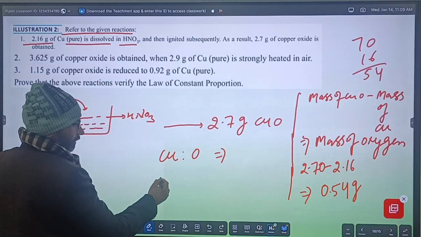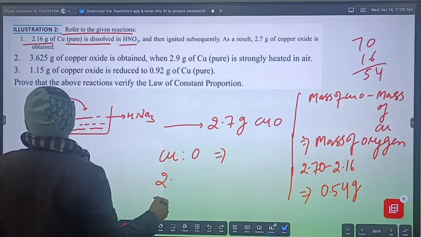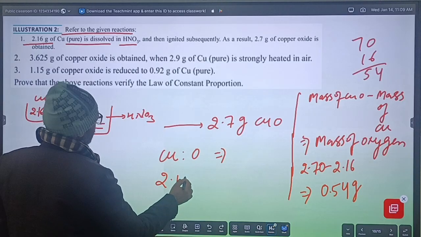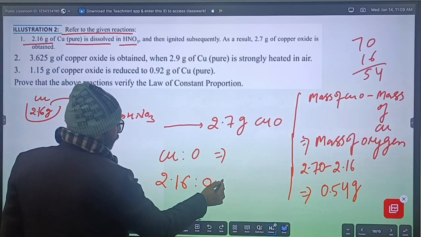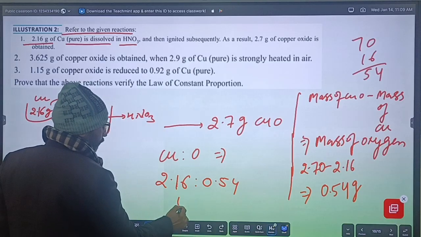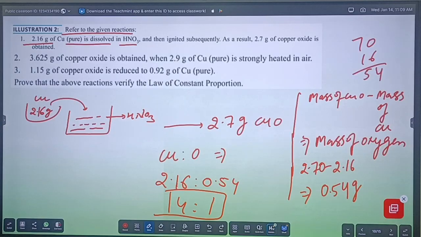Or we can write here as mass of copper is 2.16 divided by 0.5, and it comes out 4 raised to 1. This is the first experiment.